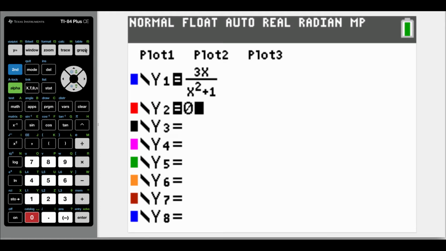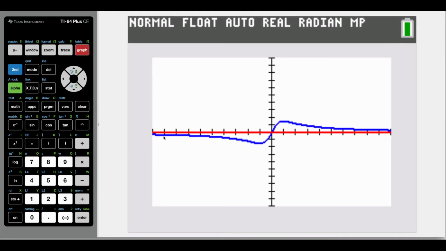So if I hit graph, I can see that my original equation, as we're getting larger and larger values for x, is approaching that red line. It's approaching that y equals 0 line. So as far as end behavior, our graph is approaching a y value of 0, as we move out to the far right-hand side and as we move out to the far left-hand side.